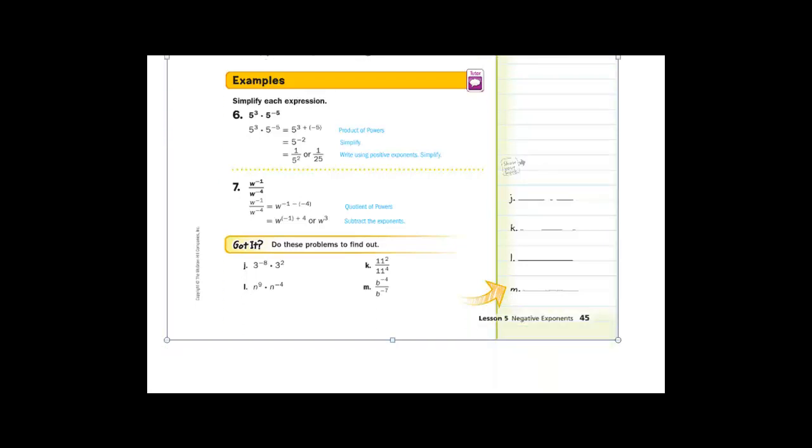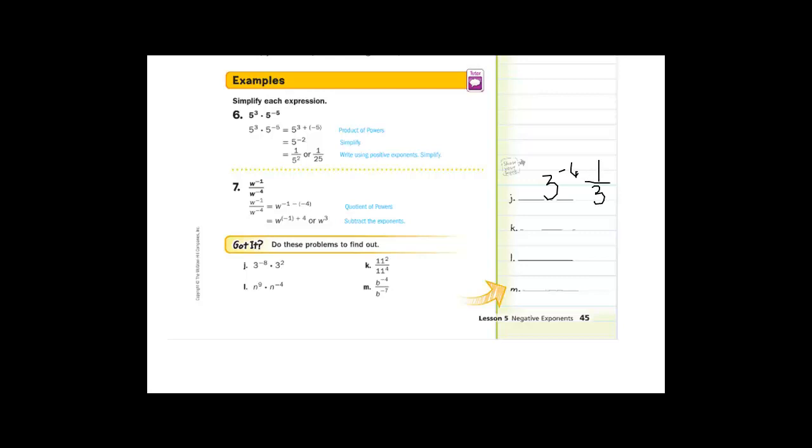Let's look at j. Same base, so we add the exponents. So j would be 3 to the negative 6th, which would be 1 over 3 to the 6th. Now you can go ahead and multiply that out if you wish, but you do not have to. K, that would be 11 to the negative 2. 2 minus 4 is negative 2, or 1 over 11 squared.